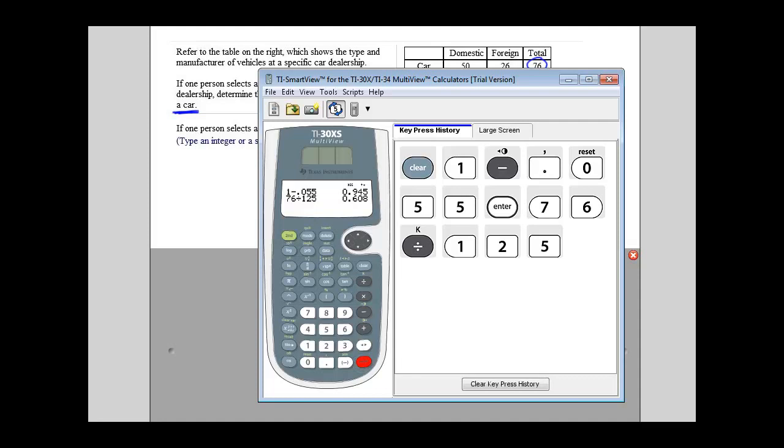Here we have the decimal form, and then if we change that back to a fraction, it should give us the reduced fraction. And notice that the simplified fraction does stay at 76 over 125.